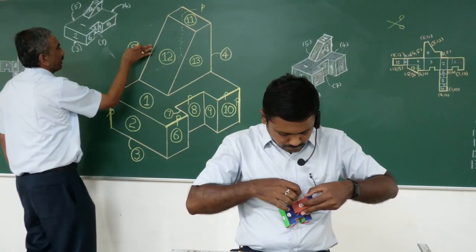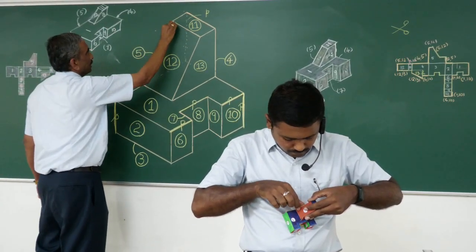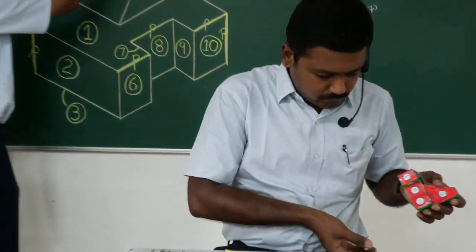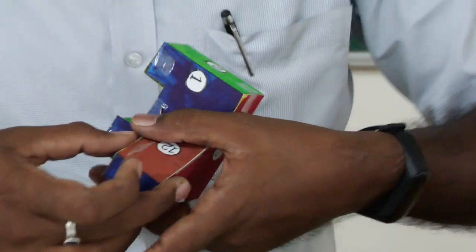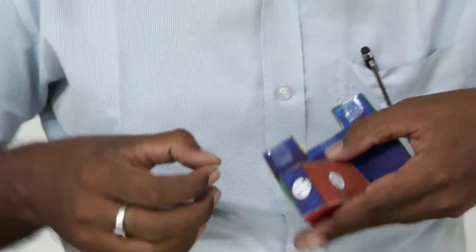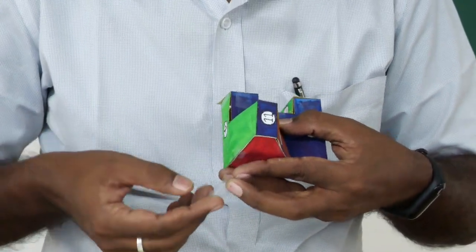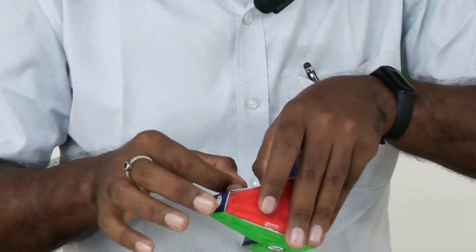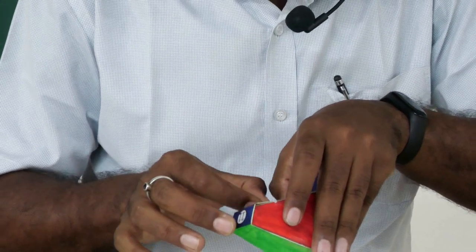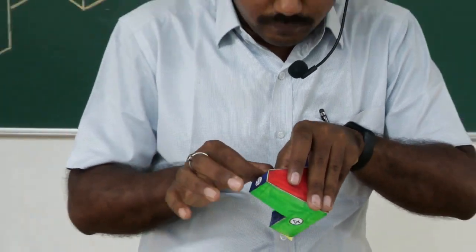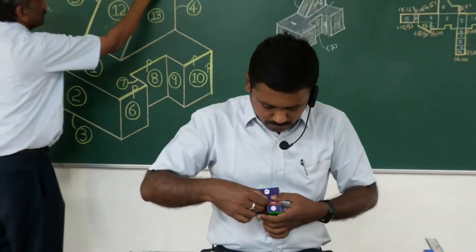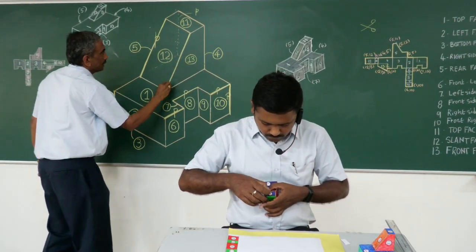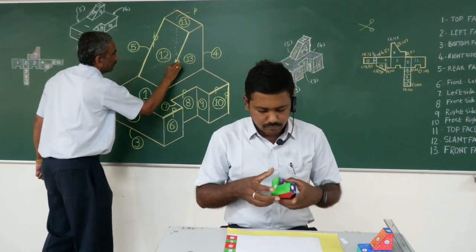So this is 5, this is slant edge 12, this edge is pasted. For pasting, you can use either cellophane tape or a glue stick or PV stick. Then I am pasting the edge between 13 and the slant edge 12. So this is slant face 12, the trapezium 13, and sir is pasting slant edge 12 as well as trapezium 13.